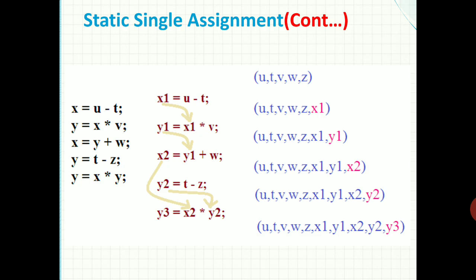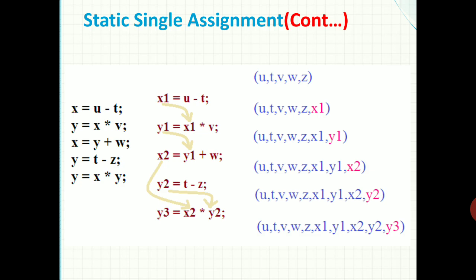So x1 is added to that list, then y1 equal to x1. That x is from the result of the previous statement, so it is shown by one arrow. It is represented by x1. It is not a new variable, it is an already existing x replaced by x1, so it is x1. Then y1 is also added to the list.